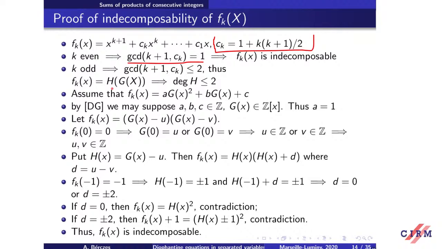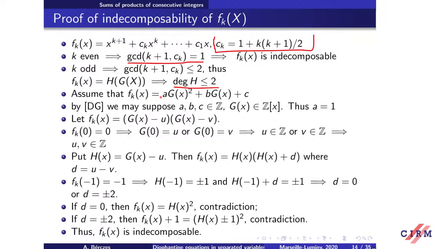So the only way we may have a non-trivial decomposition is that the degree of h is 2, because the degree of the outer polynomial must be smaller or equal to 2. So assume that we have a quadratic polynomial, h equals ax squared plus bx plus c.